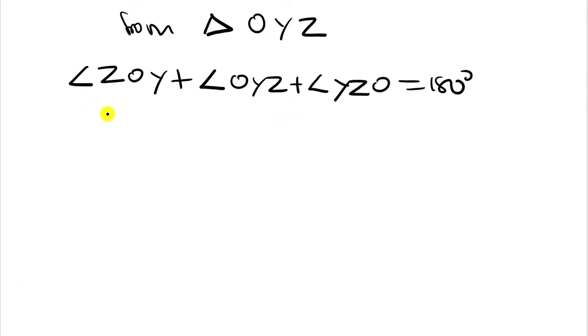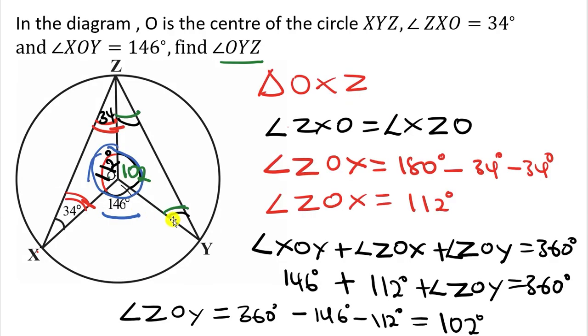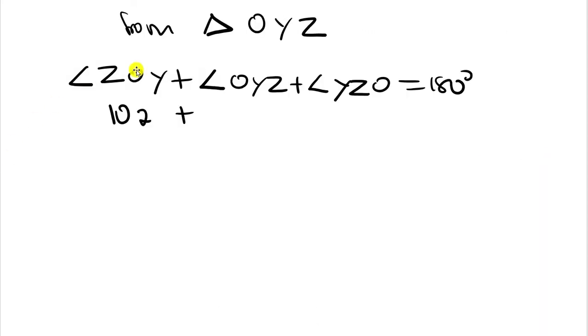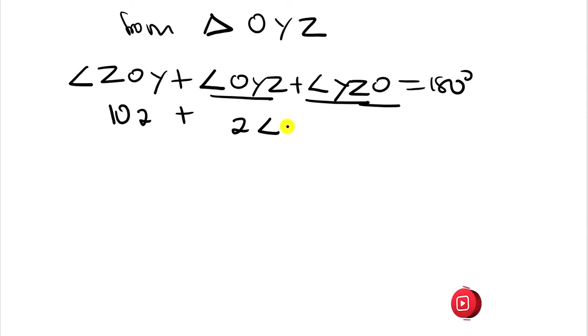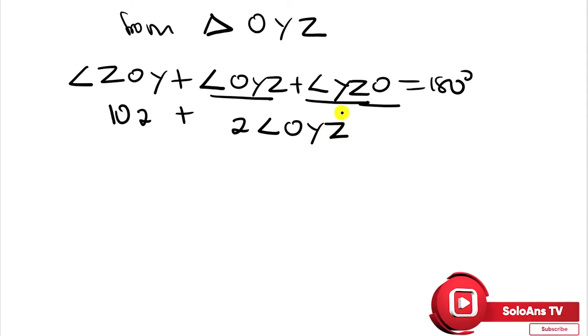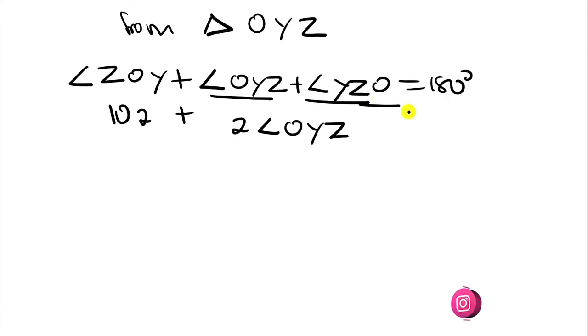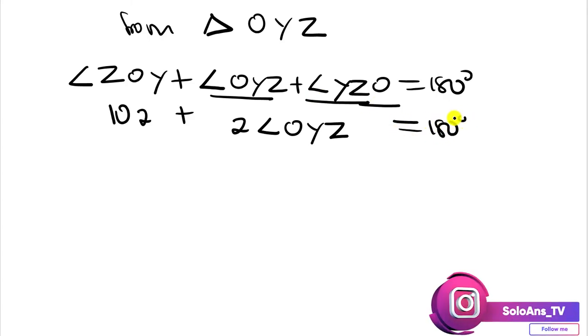But we know that the angle ZOY was 102, plus now angle OYZ and YZO, they are the same, because if you consider the diagram, this particular angle and this particular angle are the same. If that is the case, then this angle plus this angle is going to give us 2 angle OYZ. You can represent them by variables because they are the same. And this will give us 180 degrees.